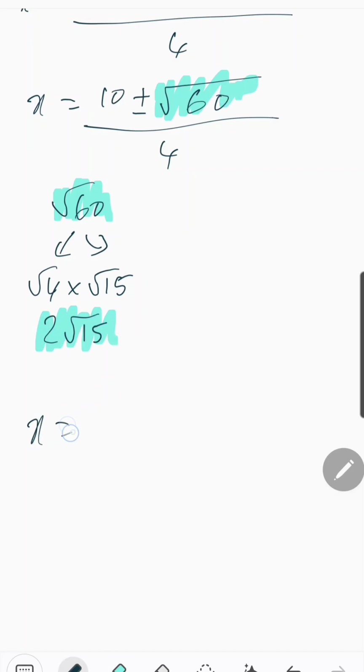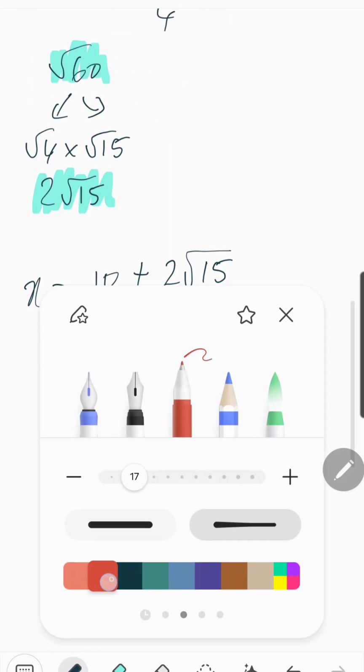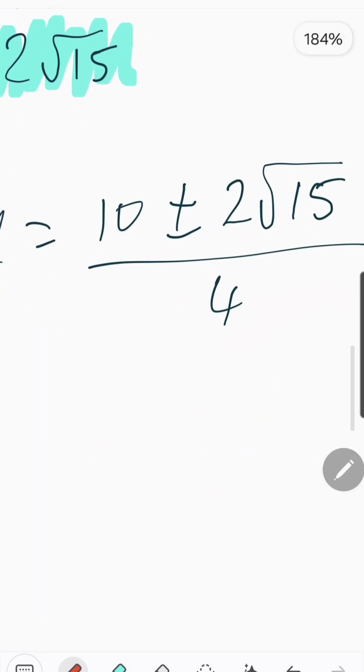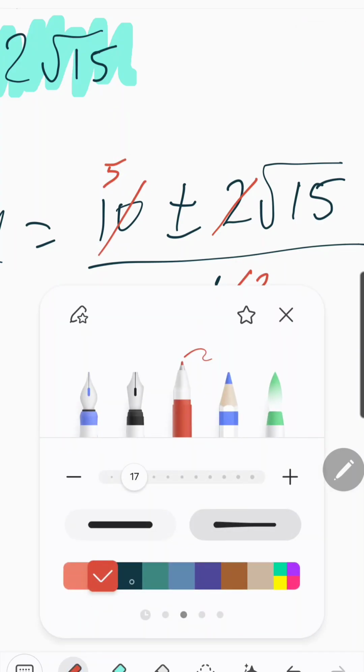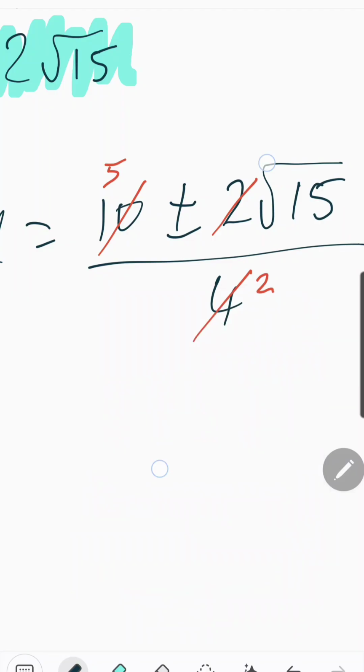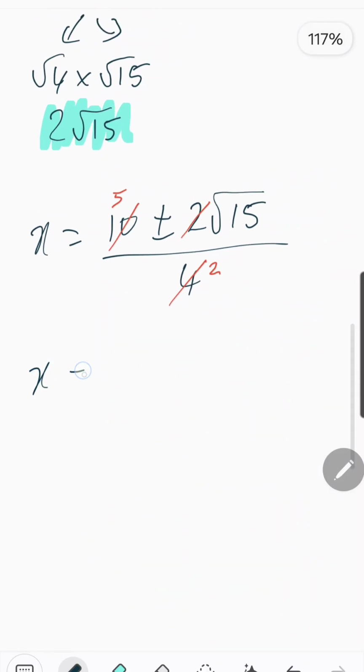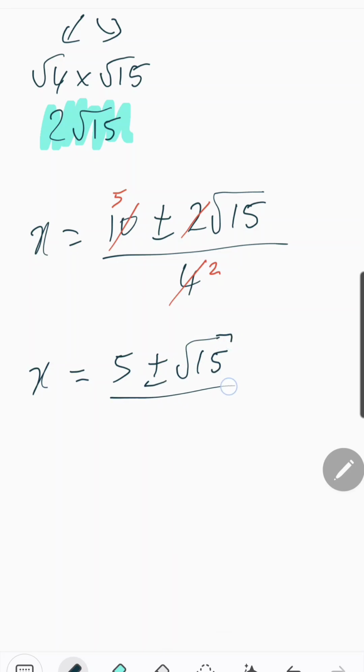So now you've got x is equal to 10 plus or minus 2 root 15, all over 4. Now you can divide everything by 2: this by 2 is 5, this by 2 is 1, this by 2 is 2. So your overall answer would be x is equal to 5 plus or minus root 15, all over 2.